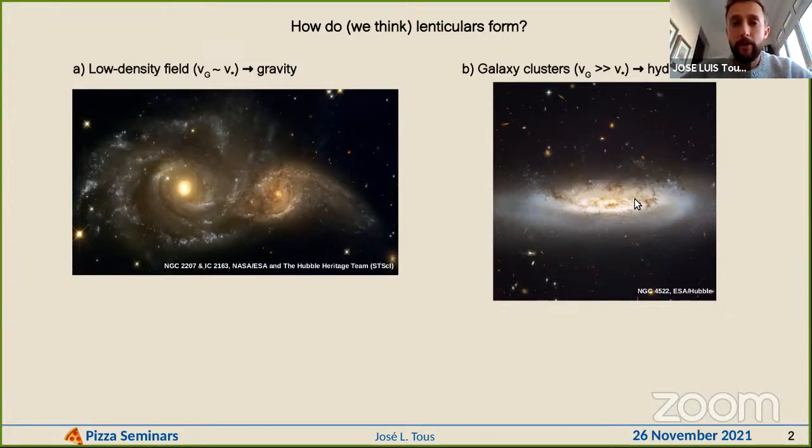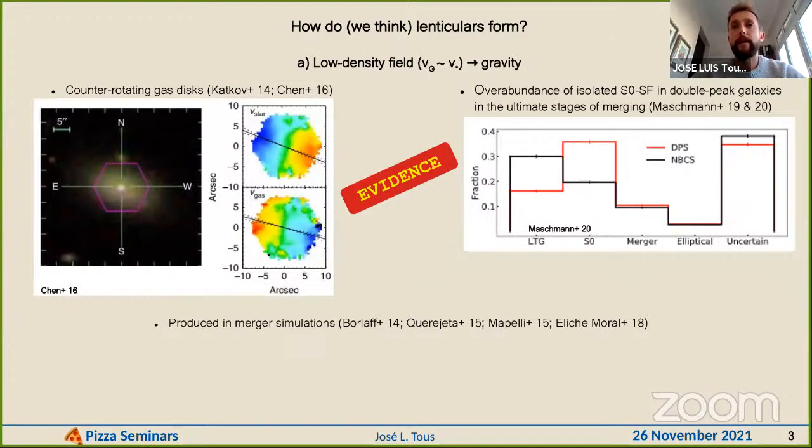So of course, we have evidence supporting each of these two mechanisms. For the first one involving gravity, for example, we find many lenticular galaxies that are isolated in low density environments that show these counter-rotating disks. That is, the stellar component would rotate in one direction and the gas component would rotate in the opposite direction.